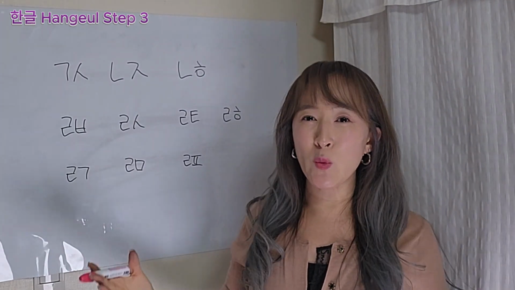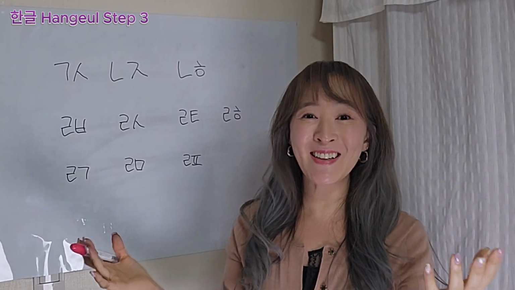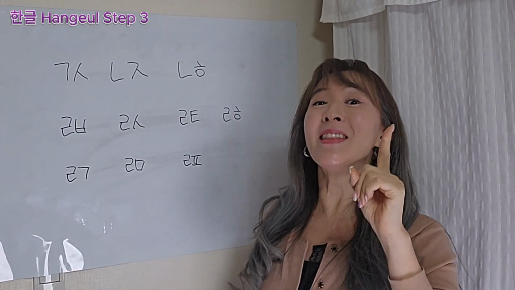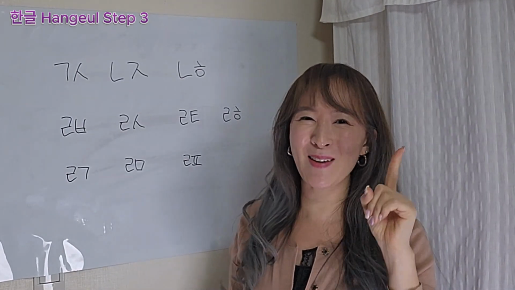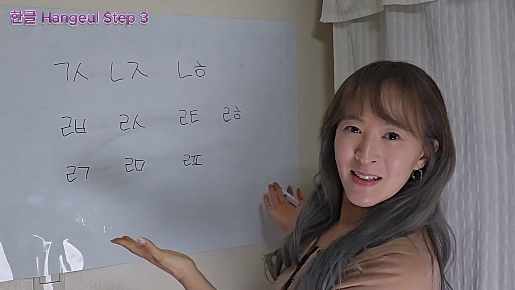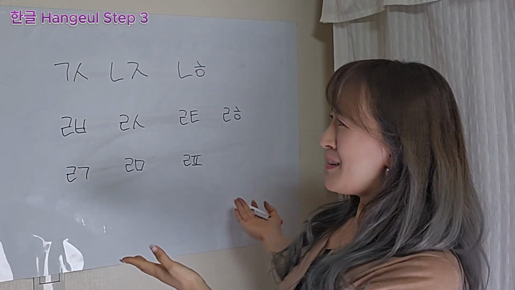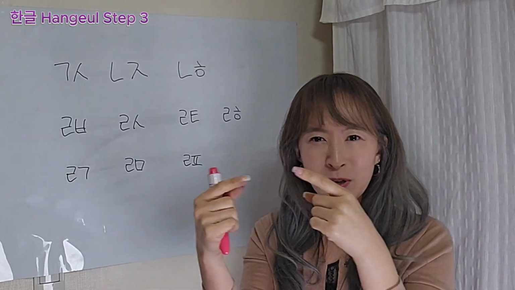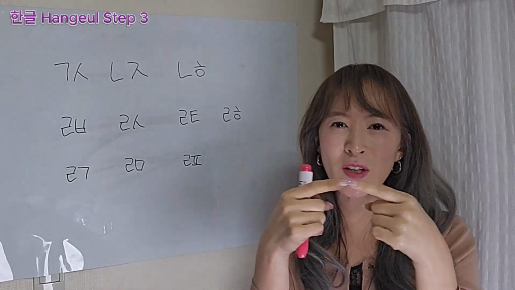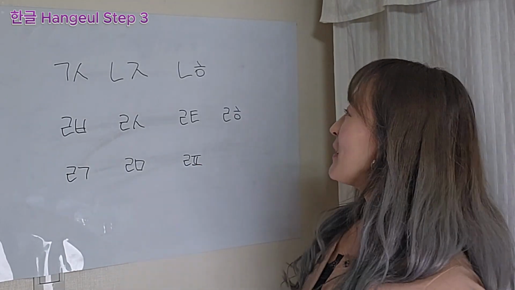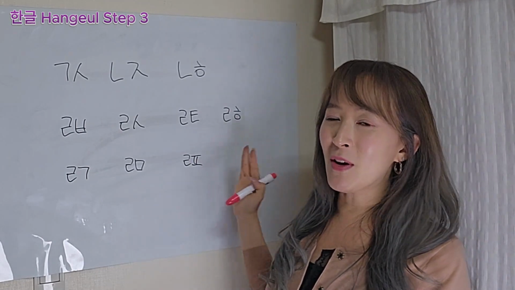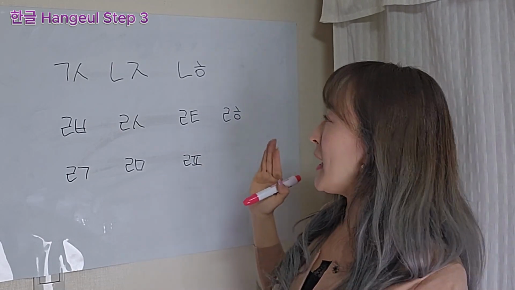Just when you thought we were done with Hangul finally, we just have one last thing. The highlight of this video is, maybe you're confused. Maybe you're thinking, maybe I should put two consonants together too closely. Actually, these are also double consonant 받침.